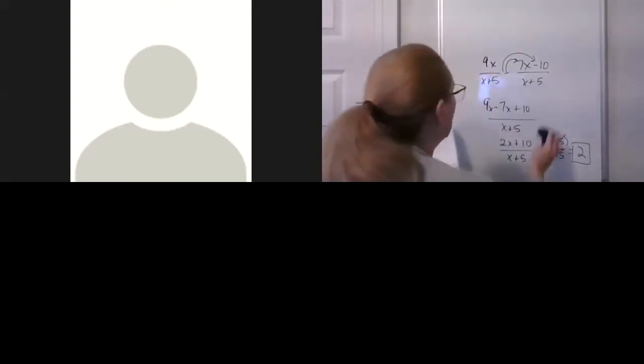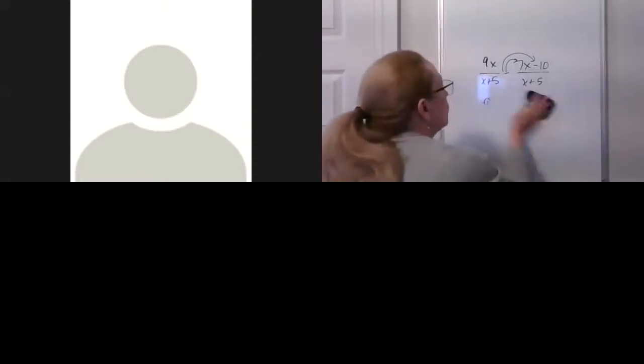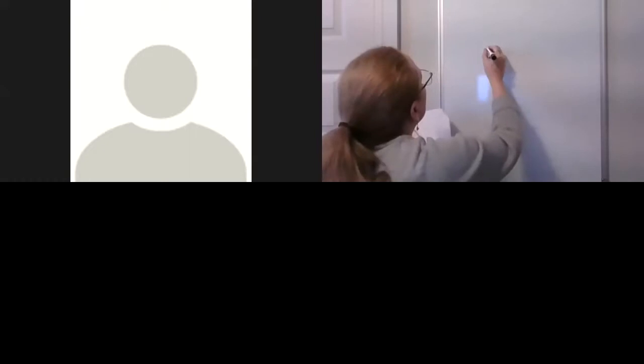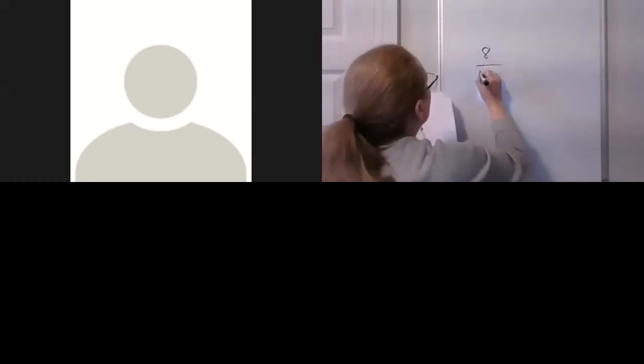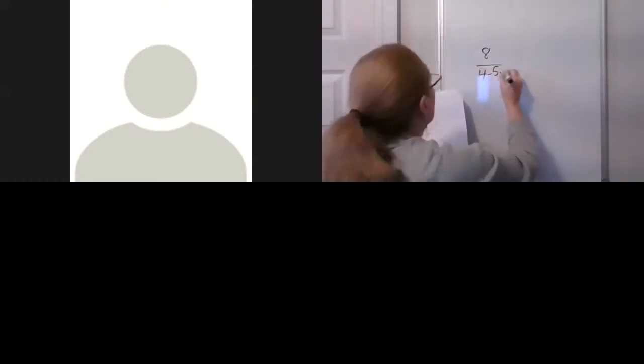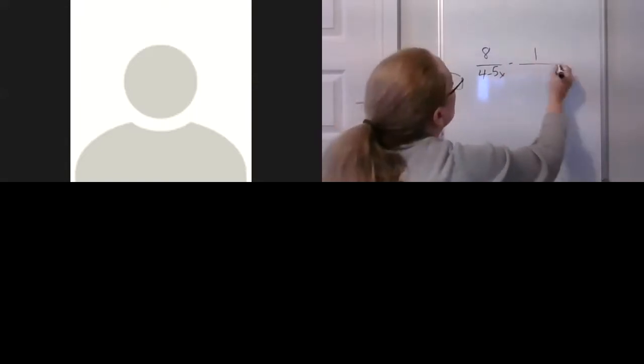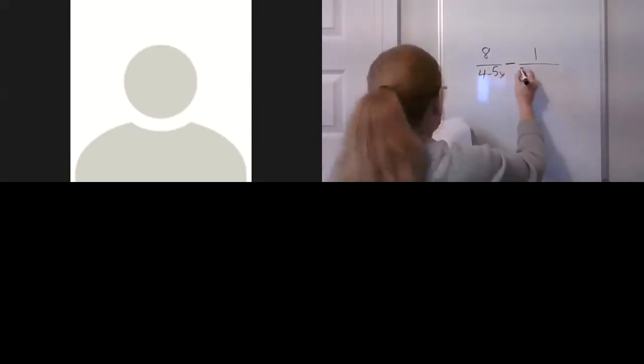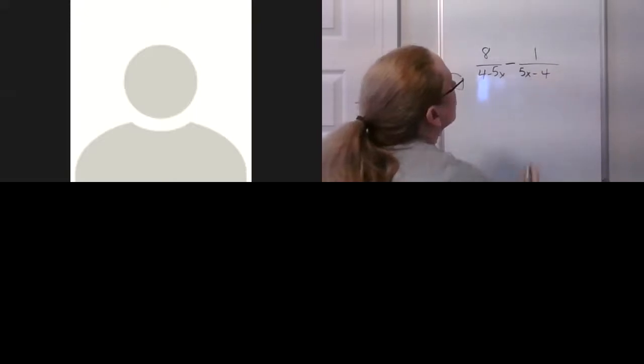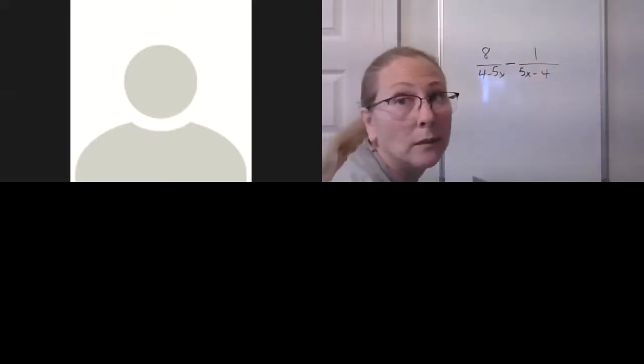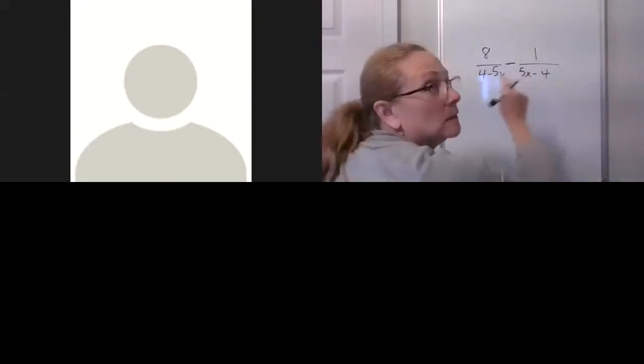All right, so let's take a look at another subtraction problem and another problem where the denominator is twisted around a little bit. Okay, so in order to change that, watch, I'm not going to write it again this time.